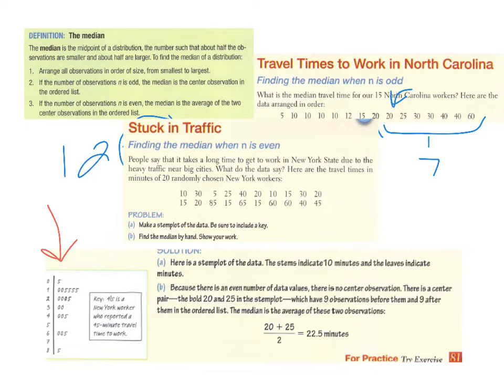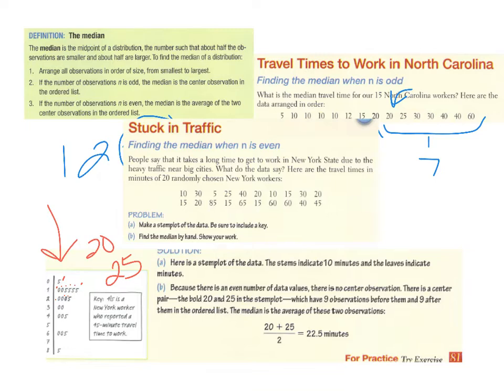By making the stem plot, you did basically arrange the data points in order, so you don't need to lay them back out again. Okay, you've got 1 data point, 2, 3, 4, 5, 6, 7, 8, 9, 10 there at 20. And so data point 11 would be at 25.